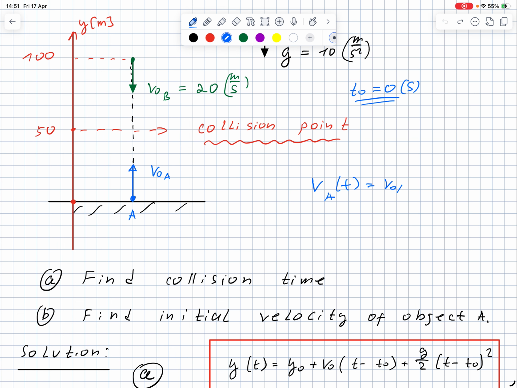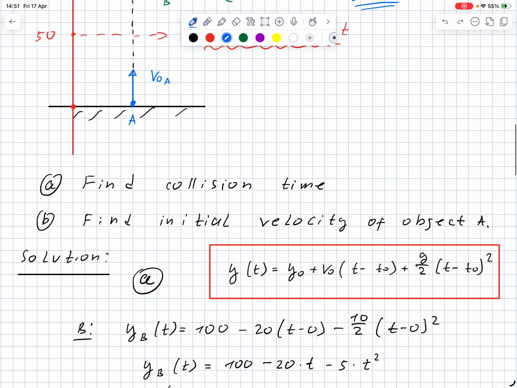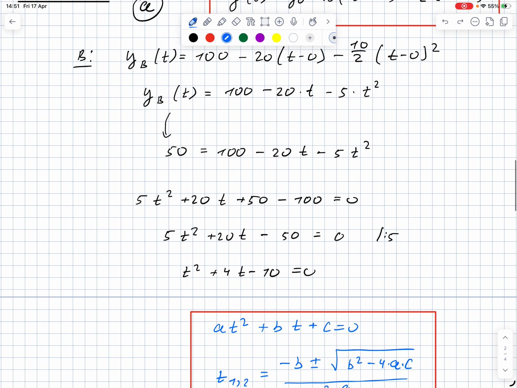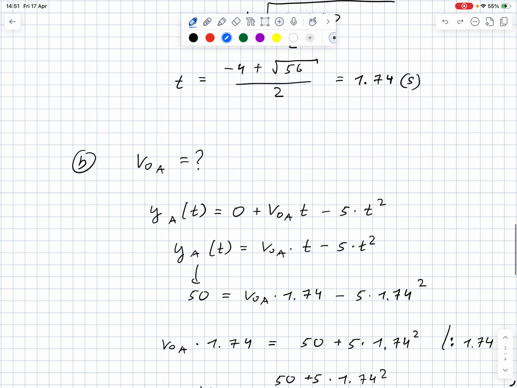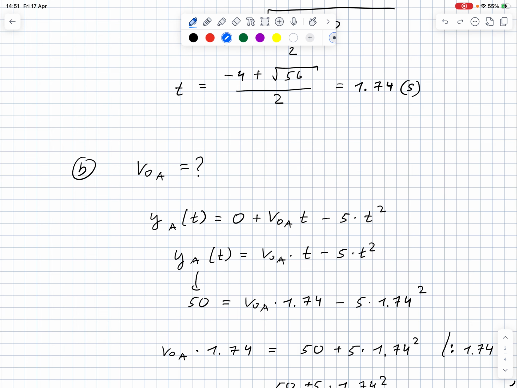Again, I'm going to use the formula that represents the position of object A. So, initial position of object A is 0 plus initial velocity that we need to find times t, minus 10 divided by 2, which will give us minus 5 times t squared.